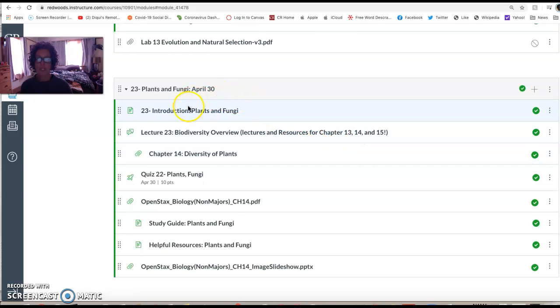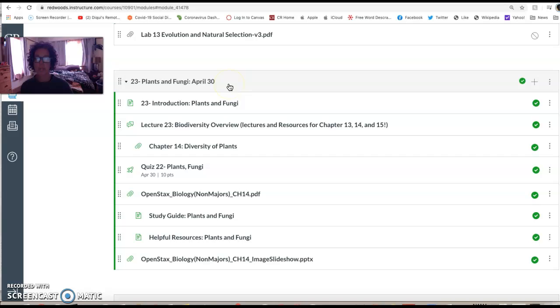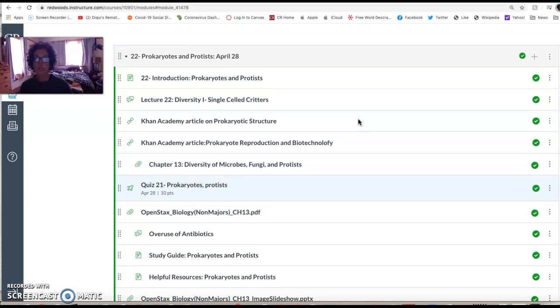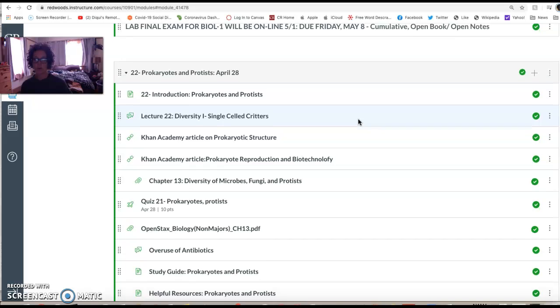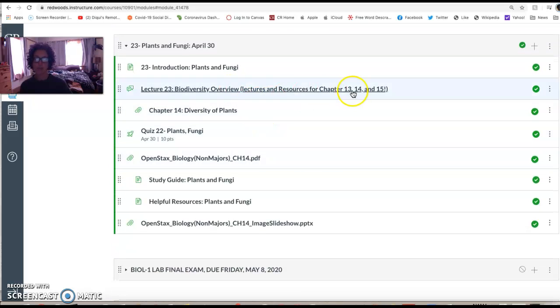Chapter 14 is the plants and fungi. And chapter 15 is dealing with animals. So for Thursday the 30th, you just need to look at the part that is dealing with the plants and fungi. For the 28th, did I not put it up there? I will. You will just need to look at the diversity part for chapter 13, the protists and the prokaryotes.